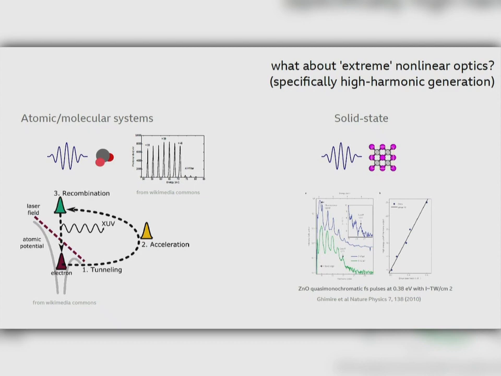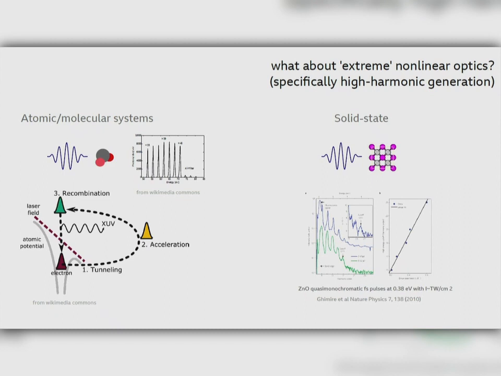What one observes is a plateau of harmonics up to a certain cutoff, while in standard nonlinear optics, one would expect the intensity of the harmonics to decay very quickly, by about 6 orders of magnitude when going from one harmonic to the other.